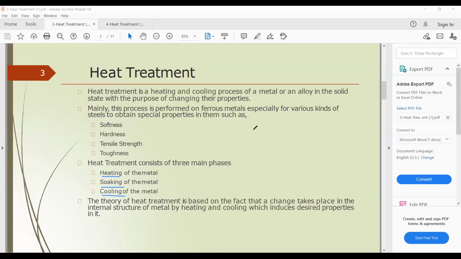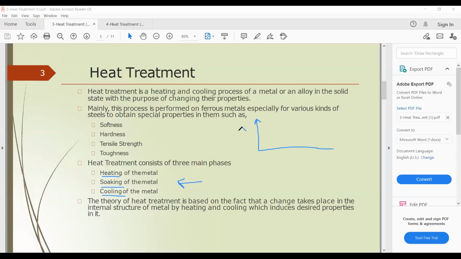So if I just ask you to draw the diagram or draw the curve, that means temperature versus time diagram for this heat treatment process. How it can be possible? This is a y-axis.